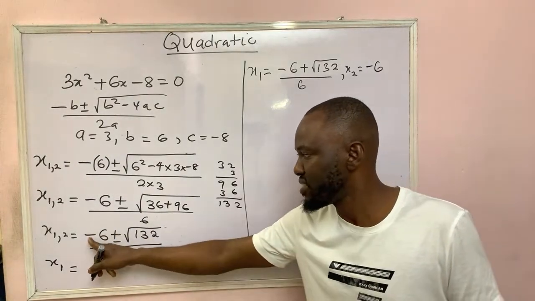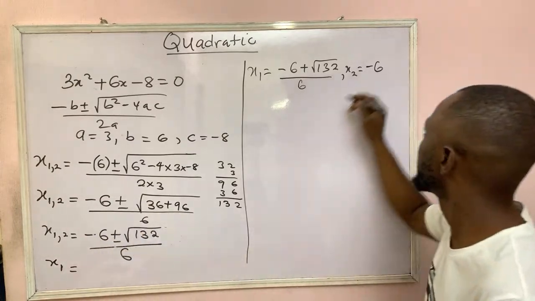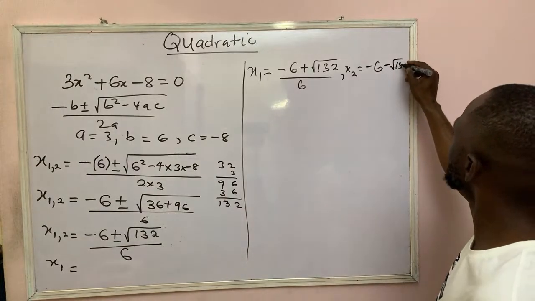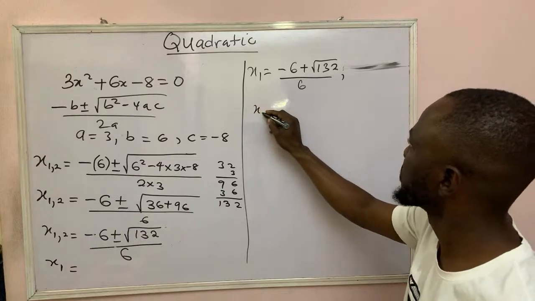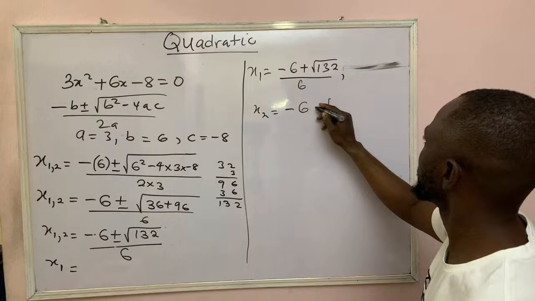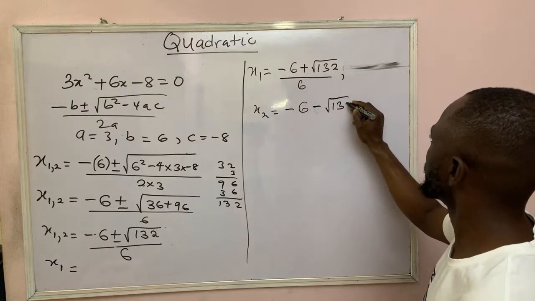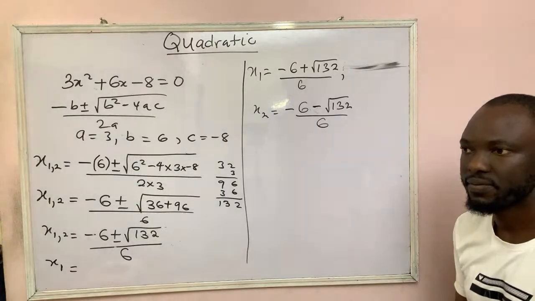So either you say minus 6 plus root 132 over 6, or minus 6 minus root 132. Let me write this beneath. X of 2 will be minus 6 minus root 132 divided by 6. So that's the answer, all right?